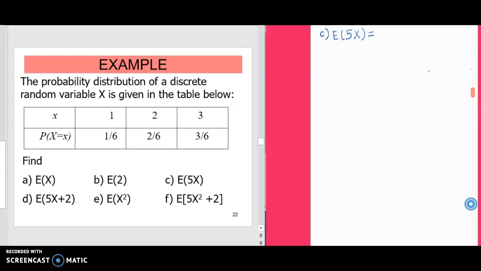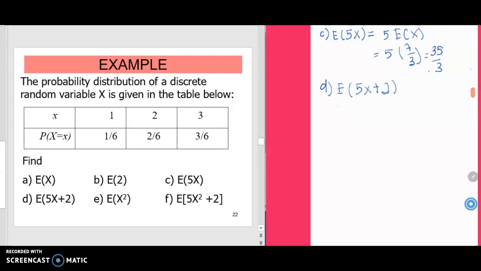For C, try to relate with the properties. So expectation of 5x, we can write as 5E(x). So E(x) kita dah kira tadi pada soalan A, E(x) is equal to 7 over 3. So this one C is equal to 35 over 3. Now D, expectation of 5x plus 2.